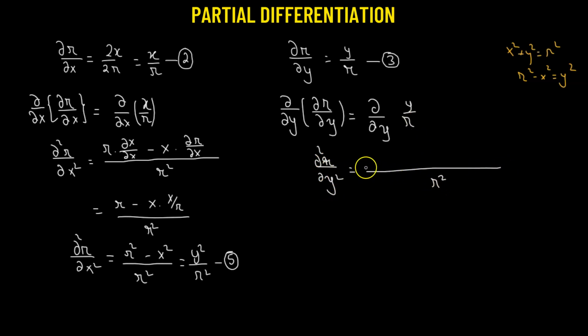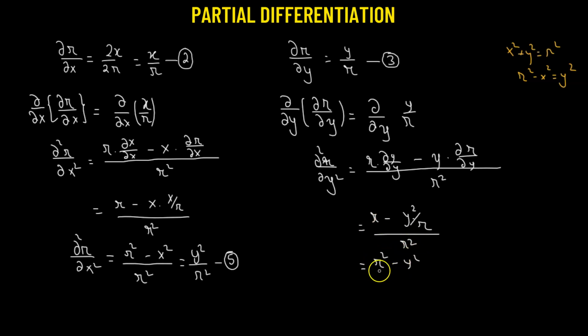So in the denominator we have r squared, and in the numerator we have r times partial of y with respect to y minus y times partial of r with respect to y. So this gives us r minus y times, so we have partial of r with respect to y from equation 3, so this will become y over r, divided by r squared. So let's multiply both numerator and the denominator with r. So I have r squared minus y squared divided by r cubed.